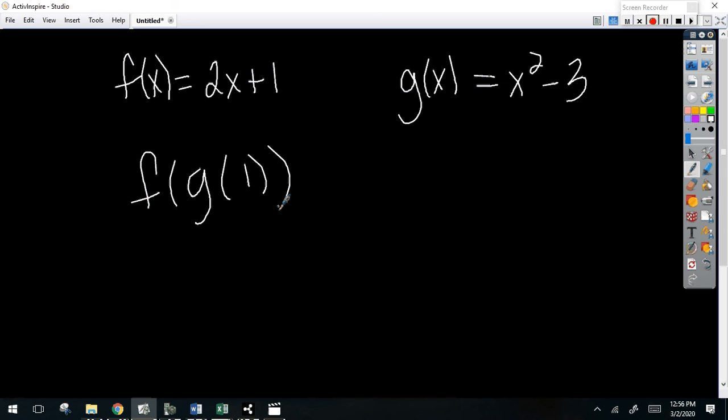Work inside out when you do these. Go as far inside as you can. So 1, I'm plugging 1 into what? Into g. What is g of 1? Can you do that?